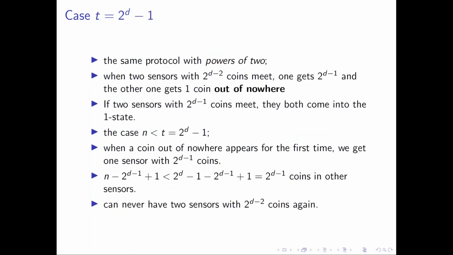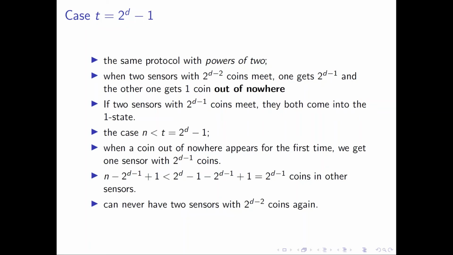So this was the case when t is 2^d. But what to do when t is 2^d minus 1? We employ the same protocol with powers of 2, but with a slight modification. When we have small powers of 2 and they meet and are equal, the protocol behaves exactly as before.